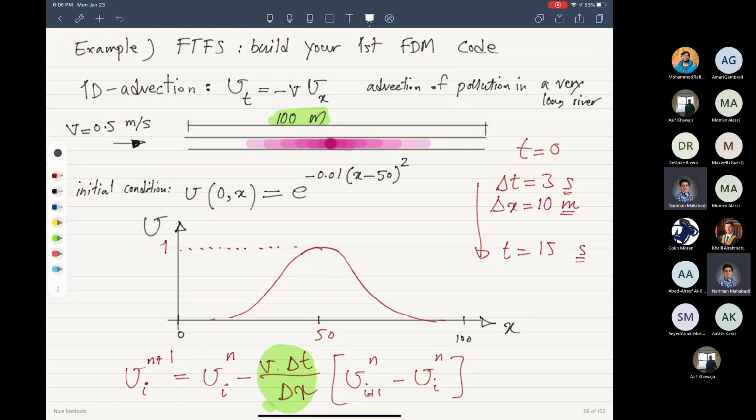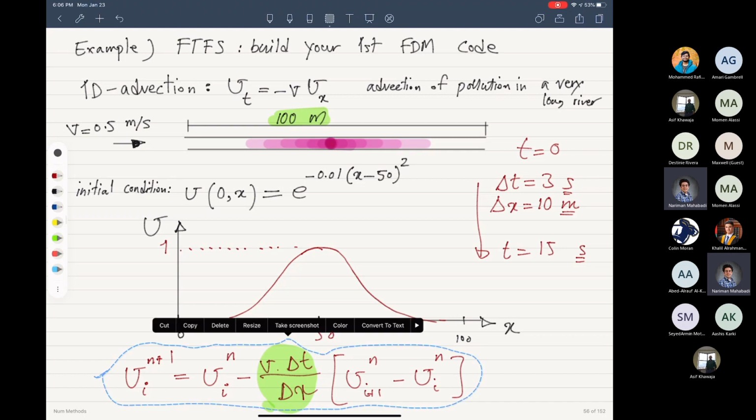This value right over here is a very important value in our approximation. So we call this constant. Let me just copy and paste the entire equation for the one-day advection.